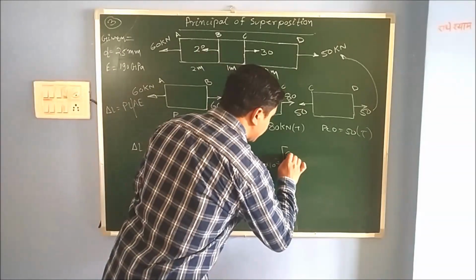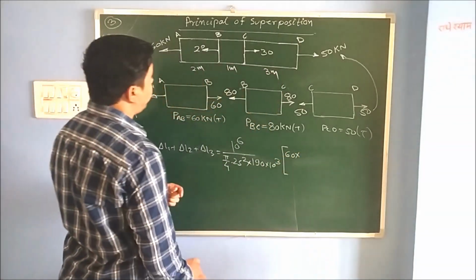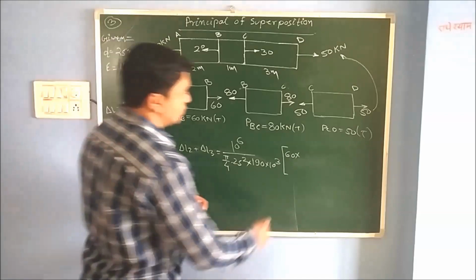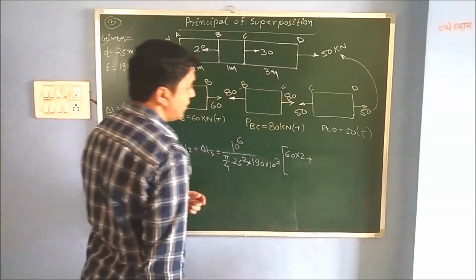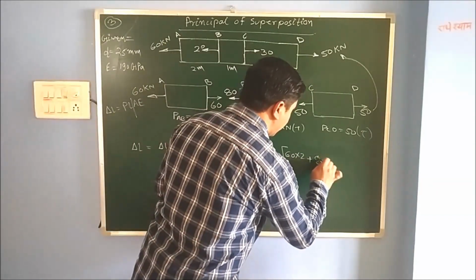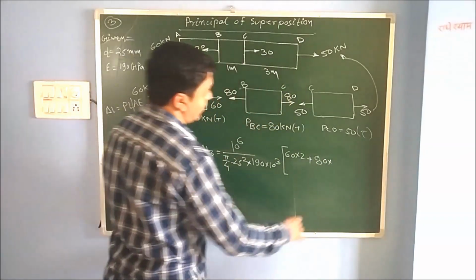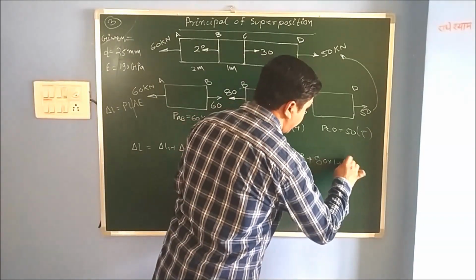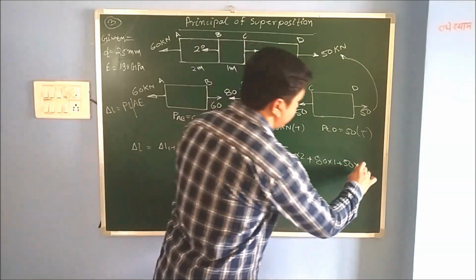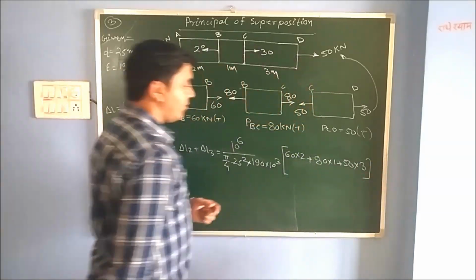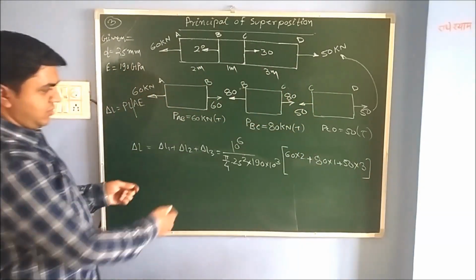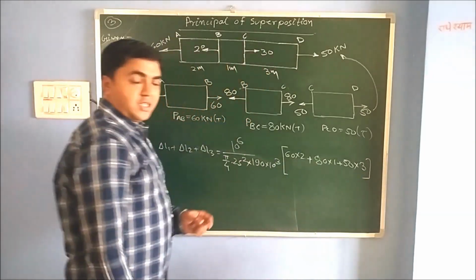Here the value will be 60 multiplied by length is 2 plus here the value is 80, length is 1 meter plus 50 and length is again 3 meter. Okay, so now this is your mathematical expression you have.